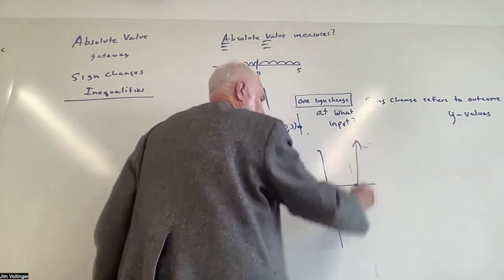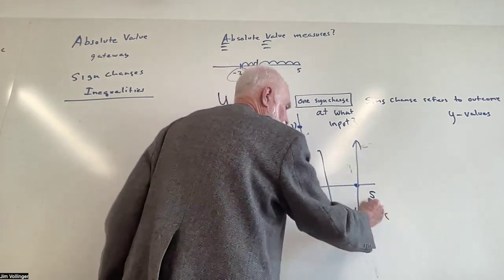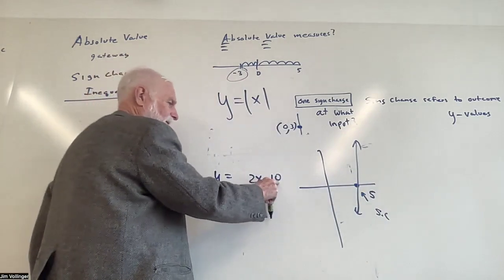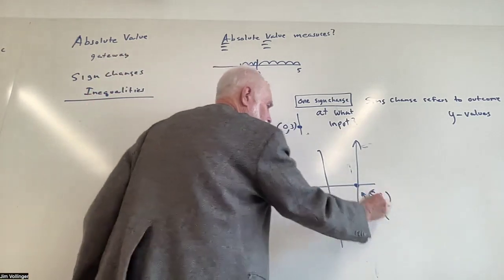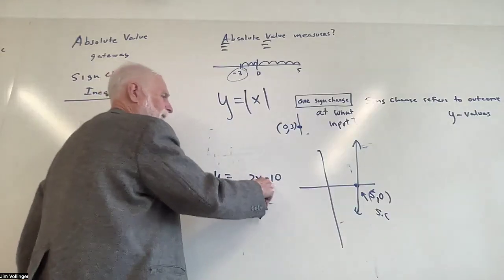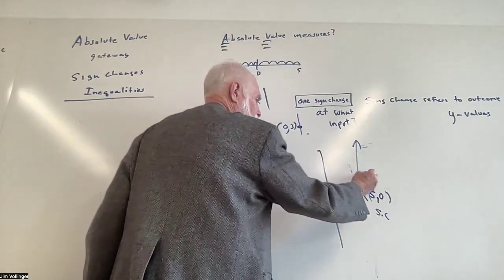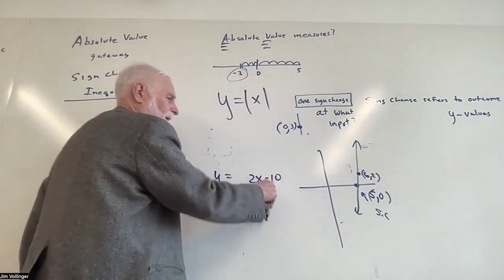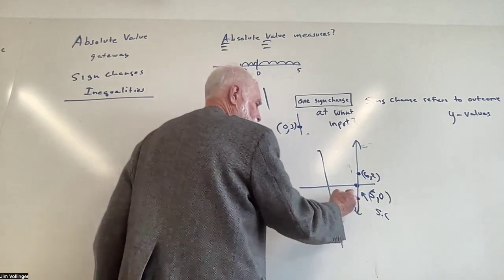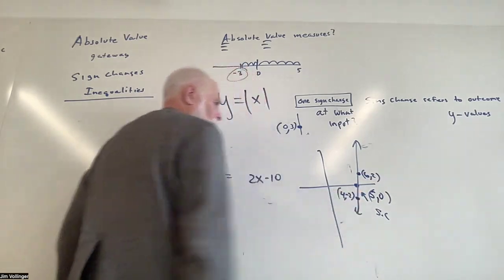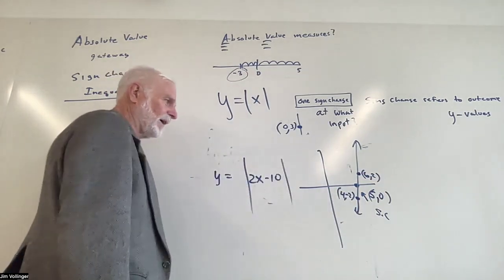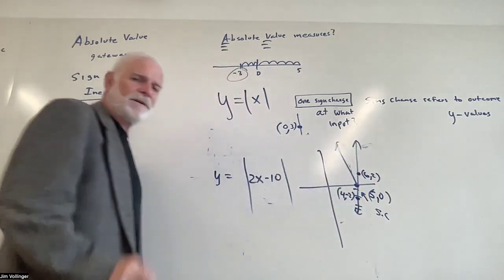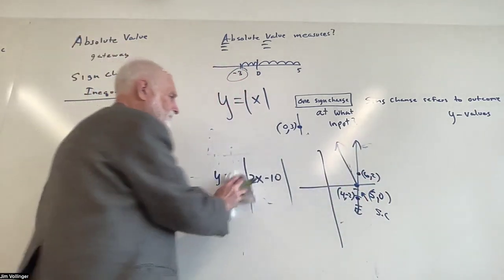Because I'm going up at 2 to 1, and that's where the sign change happens. 2 times 5 is 10, minus 10 is 0. 2 times 6, 12 minus 10 is 2. 2 times 4 minus 10 is negative 2. So what happens when I slap an absolute value on that? The negatives become positive, and I get a V-shaped graph. Okay.